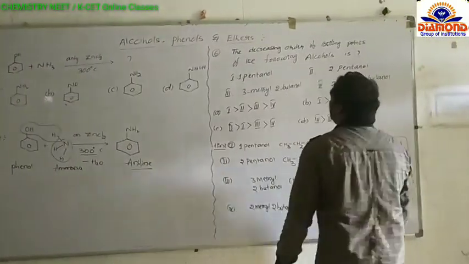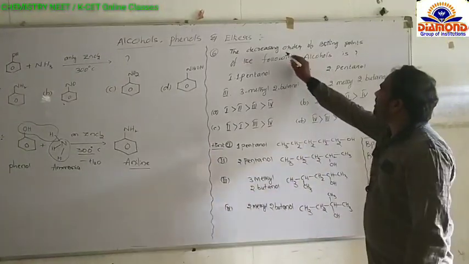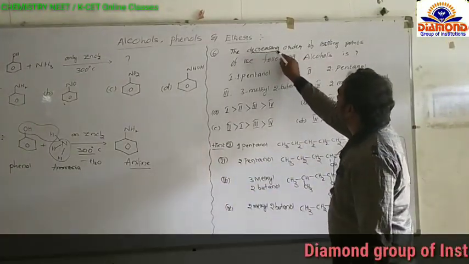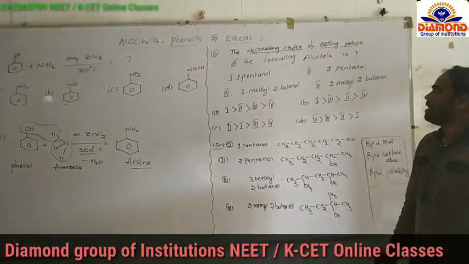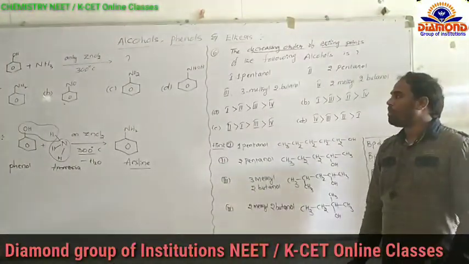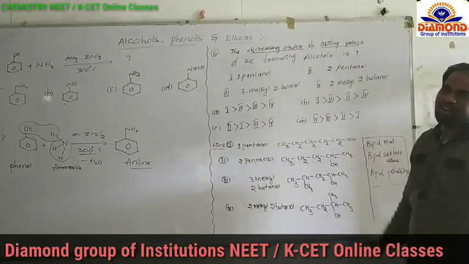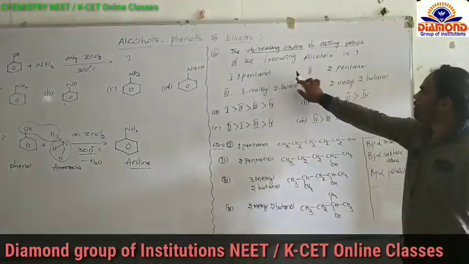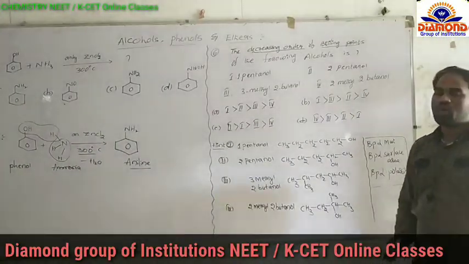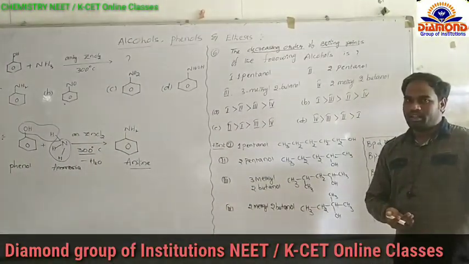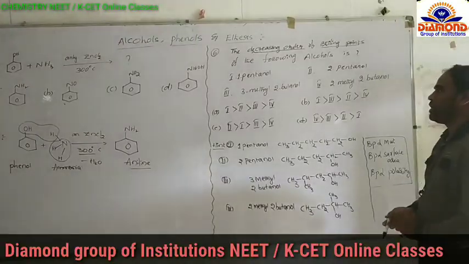decreasing order. So what they are asking is the decreasing order of boiling point of the following alcohols. So they are given four types of alcohols. Among these four alcohols, what is the decreasing order of boiling point? That is the question.